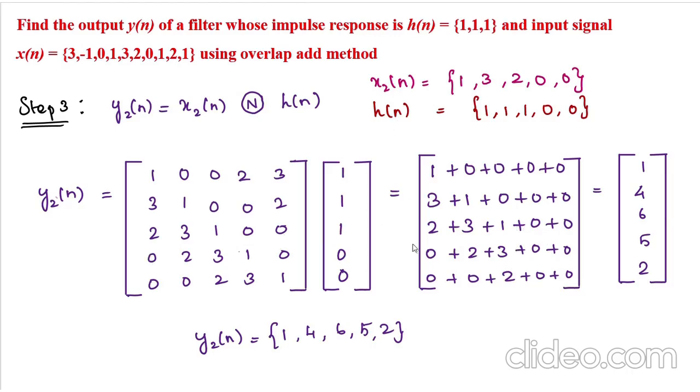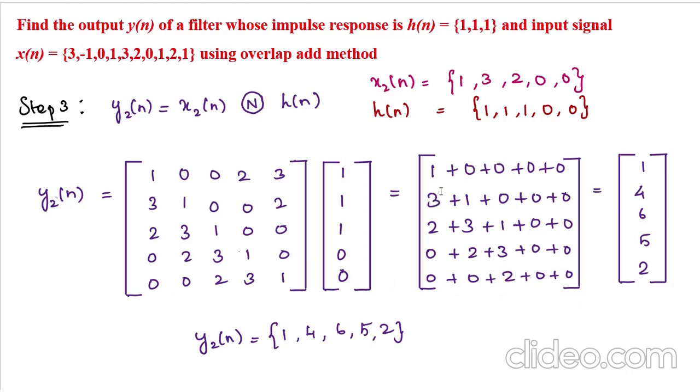Here 0 into 1 is 0, plus 2 into 1 is 2, plus 3 into 1 is 3, plus 1 into 0 is 0, 0 into 0 is 0. And finally in this row, 0 into 1 is 0, 0 into 1 is 0 again, 2 into 1 is 2, 3 into 0 is 0 and 1 into 0 is 0.